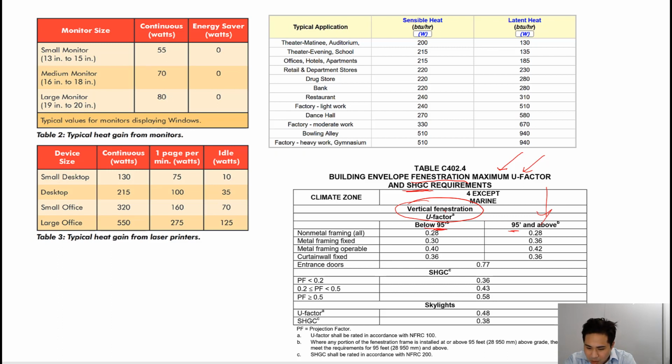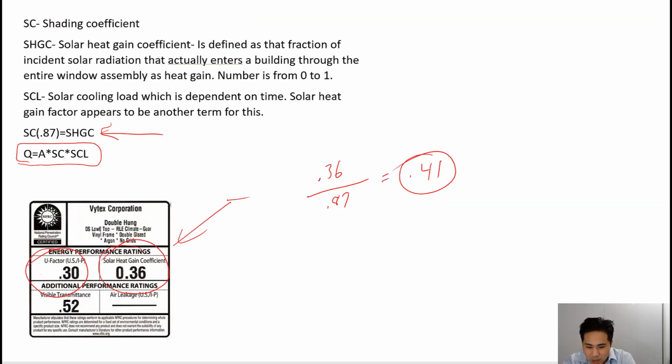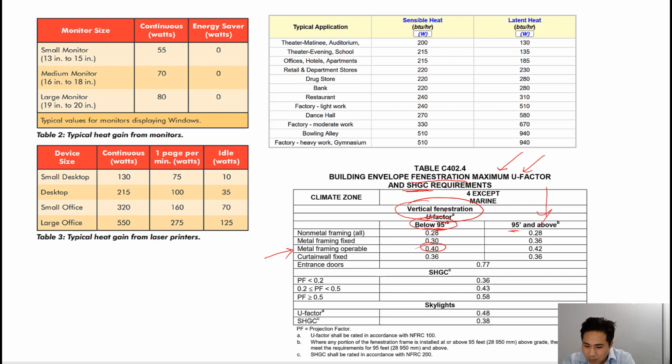The numbers are very similar, so in this case we're going to use the one below 95 feet. The window in this case is a metal framing that's operable, so the window has metal frames and it can be opened and closed. The U factor we used was 0.36, so we actually comply with the energy code requirement of a maximum of 0.40. We also need to look at the solar heat gain coefficient.